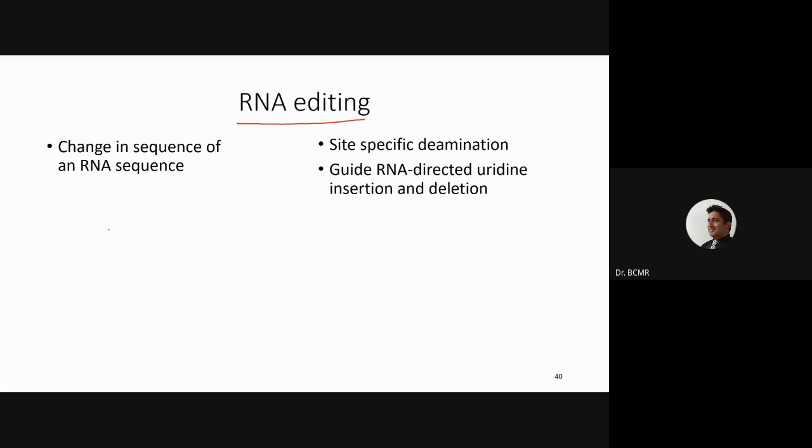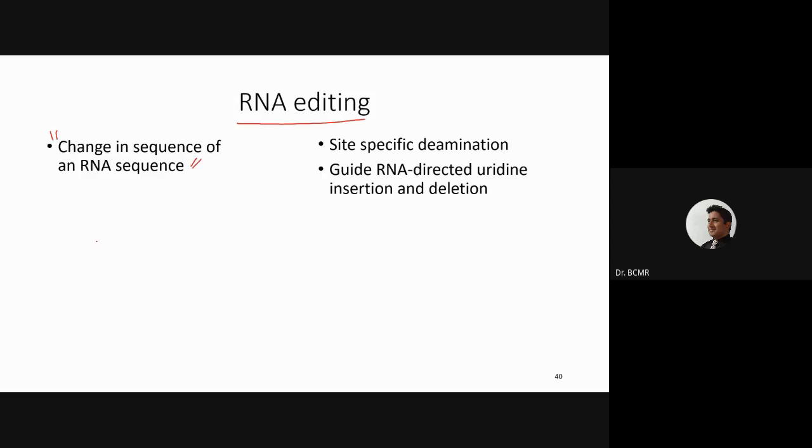Not only that, there are some more changes that can happen to RNA. It's not that every RNA is edited. A few examples are there. Editing is about changing the sequence.